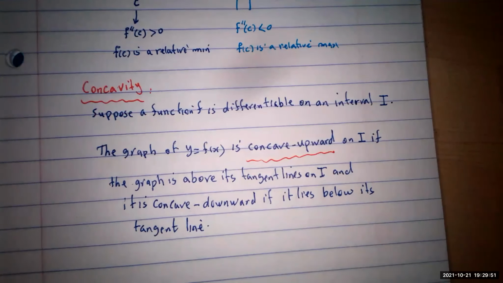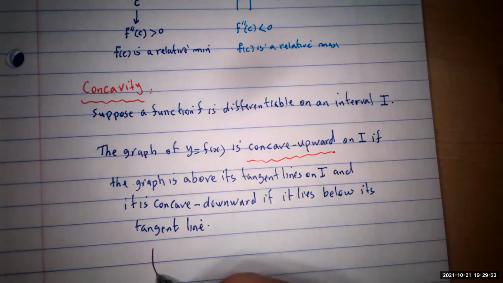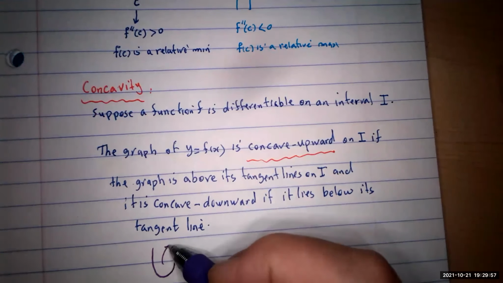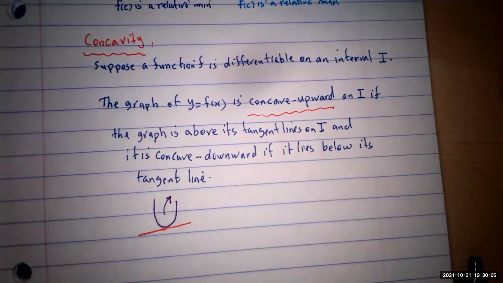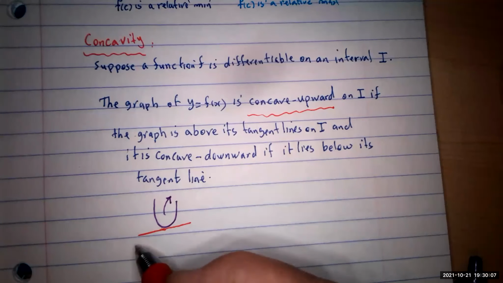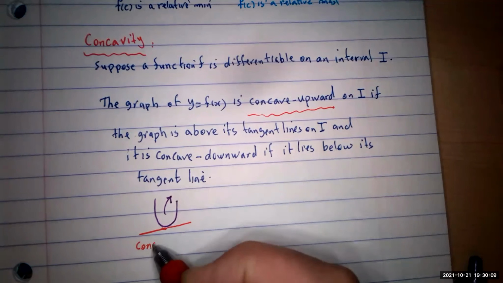As we did on the top, this is going to be the graph. This is going to be curving upward. And if you check any tangent line, you will see that the graph is above its tangent line.